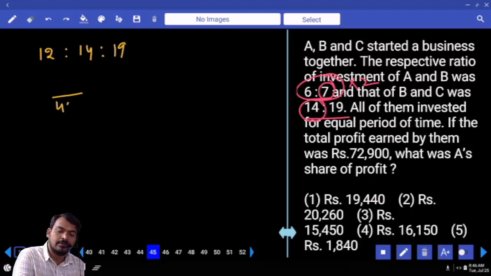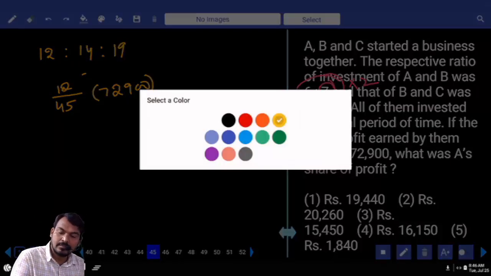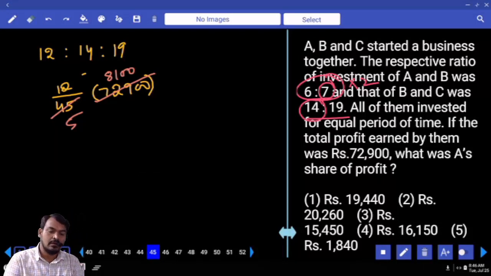Total how many parts? 45. In place of 45 parts, how much value is given? 72,900. But we require which share? A's share. How many parts do we need? 12 parts, sir. Okay. And here, 9 is how many times the denominator? 5 times. Numerator 8 times 100. So 5 means we write 100 by 20.